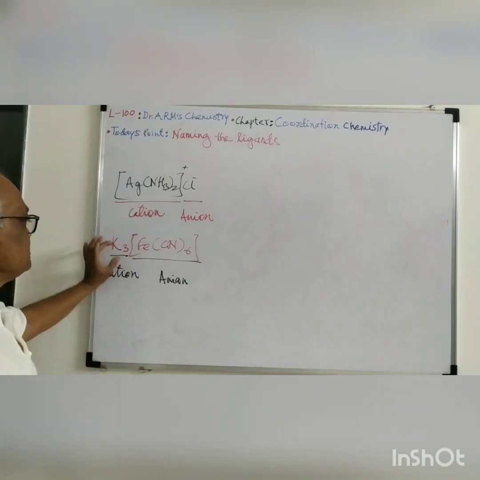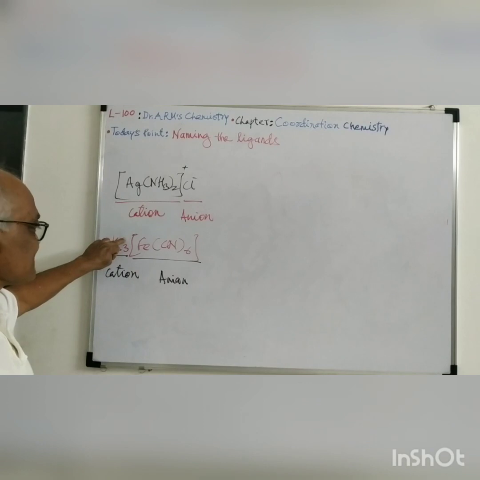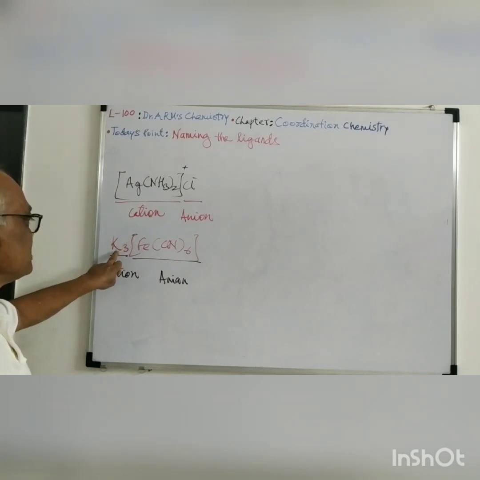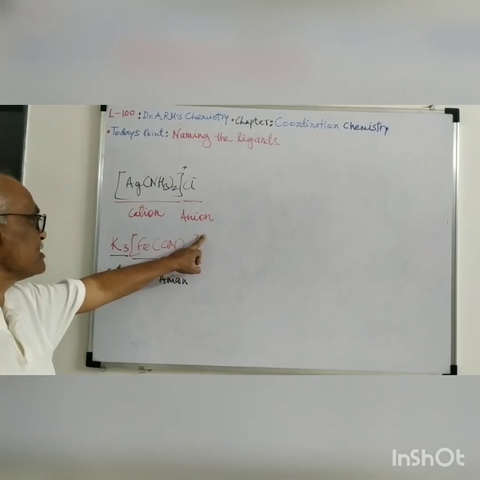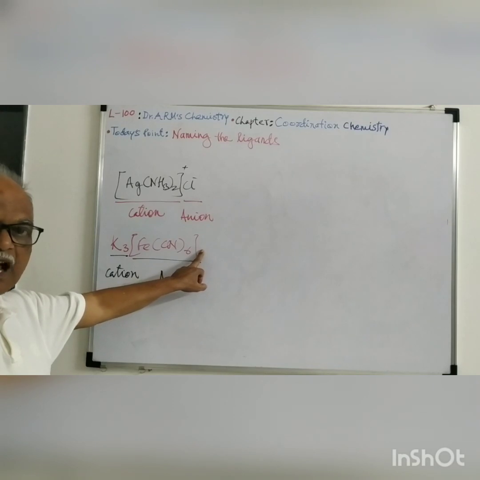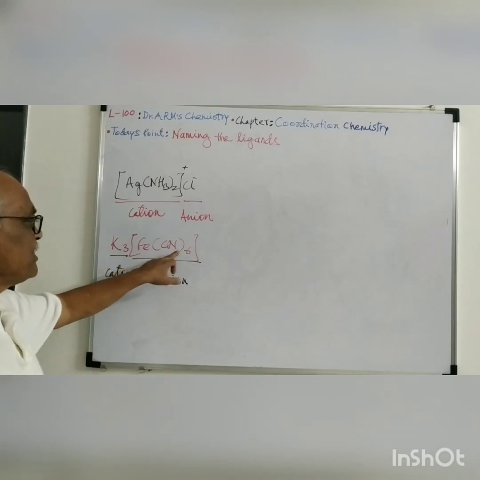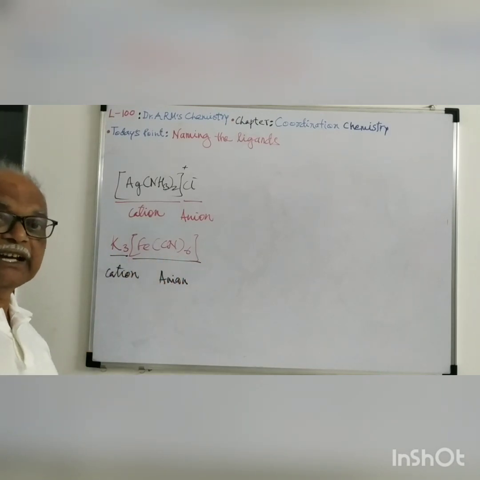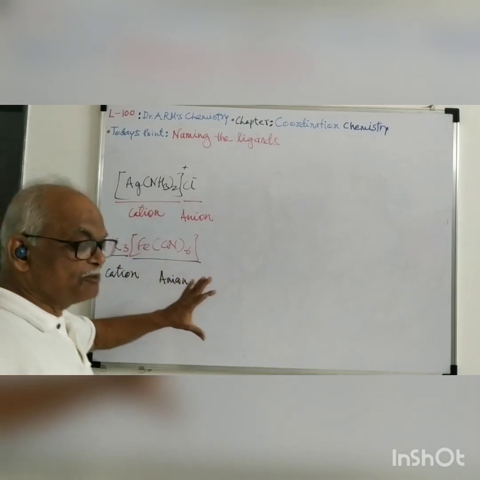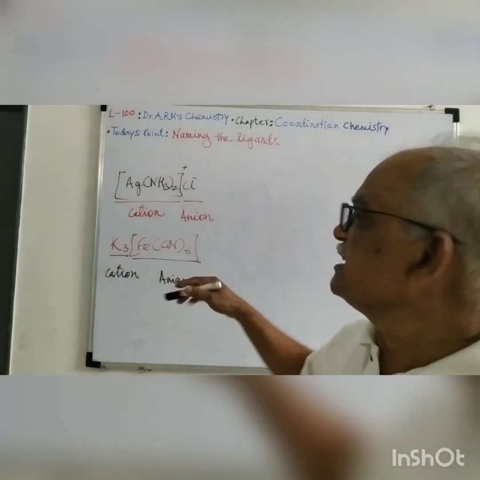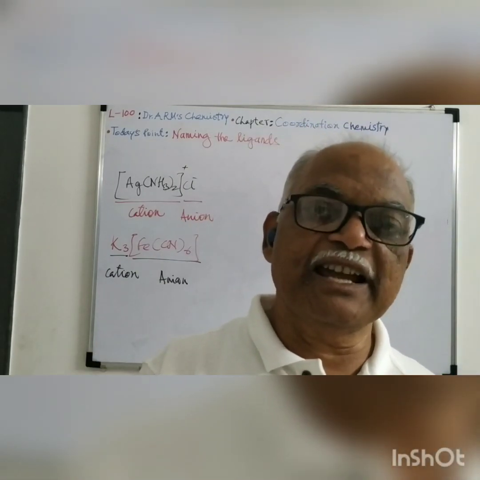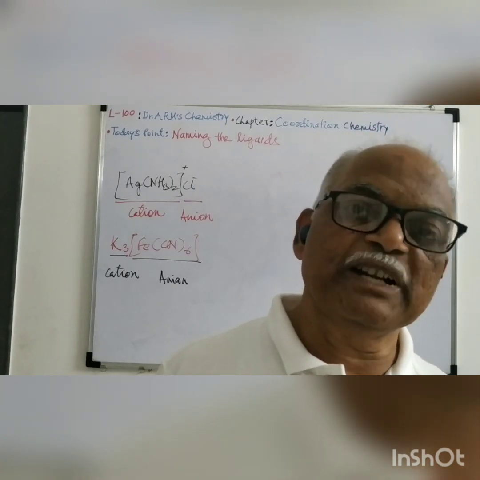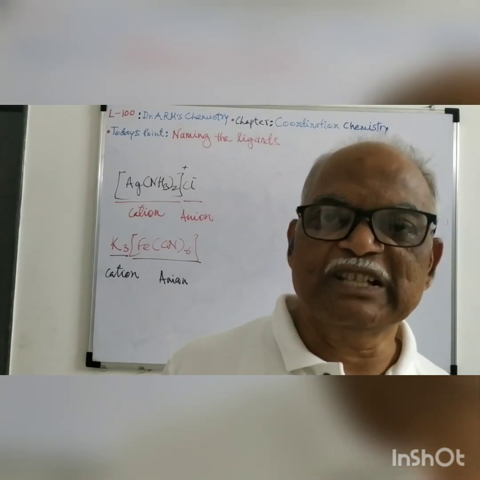Now if we separate, there are 3 plus charges provided by 3 K, and this complex possesses 3 minus charges. So this complex ion is anionic, and therefore it is neutralized by a cation. So sometimes both the species can be complex, the cation can be complex, and the anion may also be complex. So there are a variety of such possibilities.